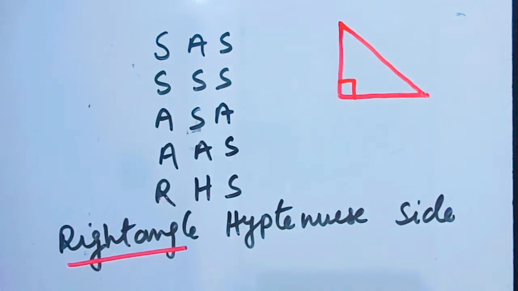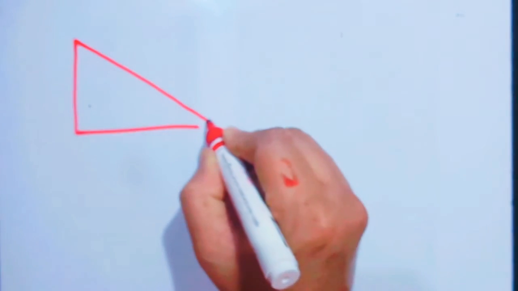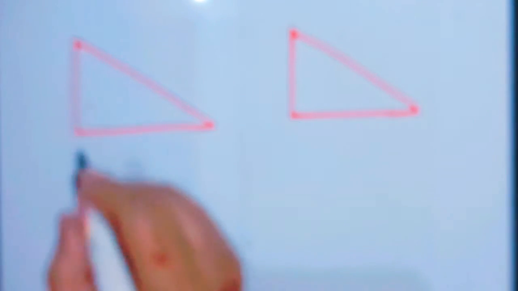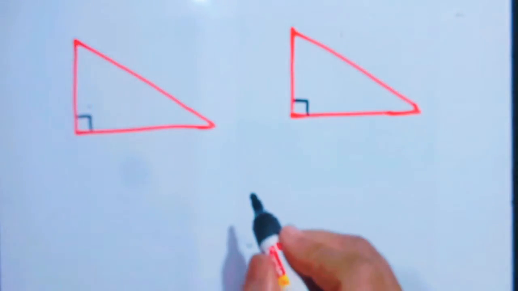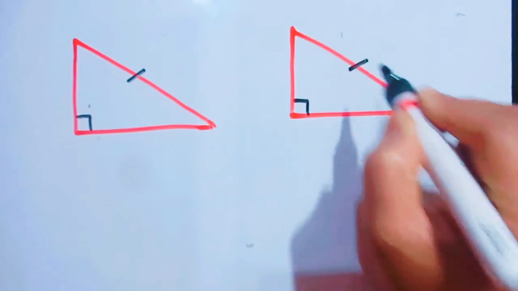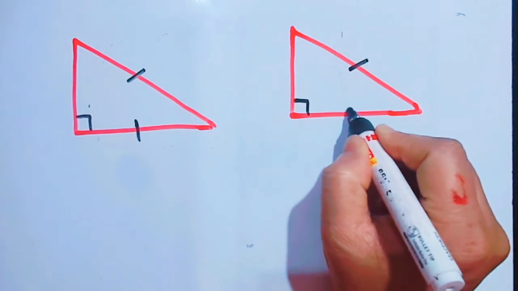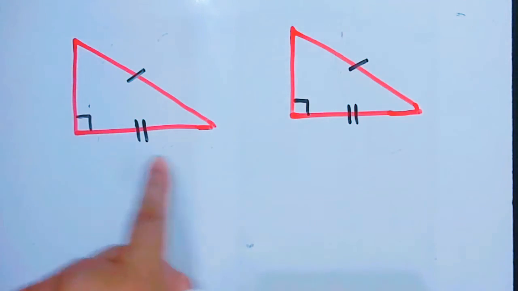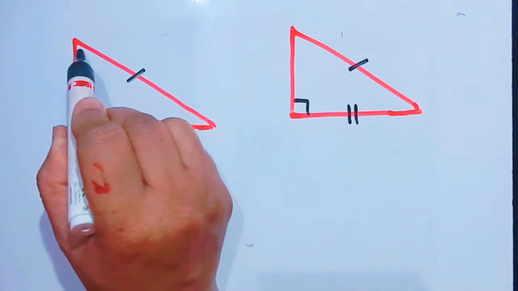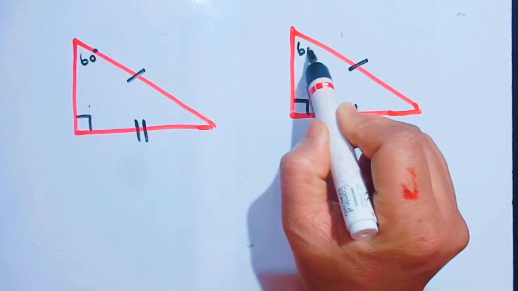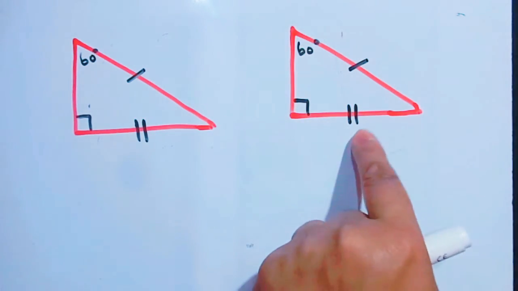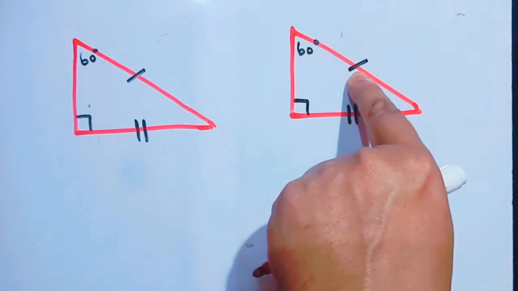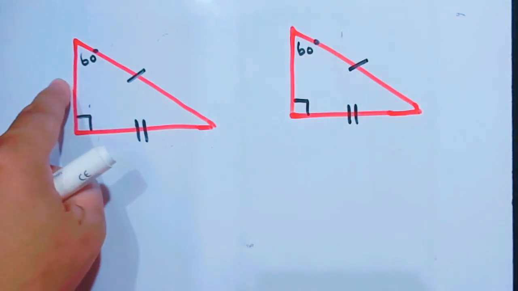So once again, let us draw the figure and write RHS, which would mean that if these two right angle triangles are given such that the hypotenuse is also equal and any of the corresponding side, once again I am talking about the corresponding side, means if this is 60 degree over here, this angle should also be 60 degree and this side should be taken.